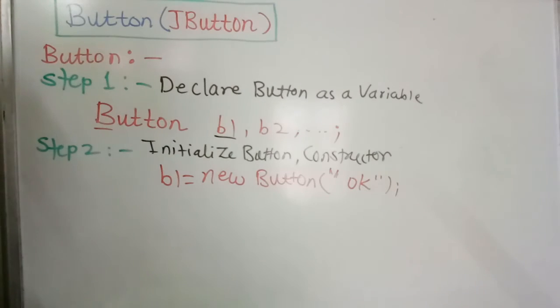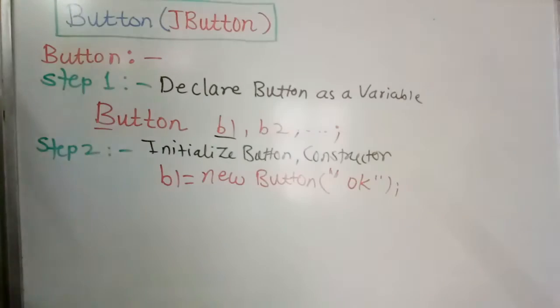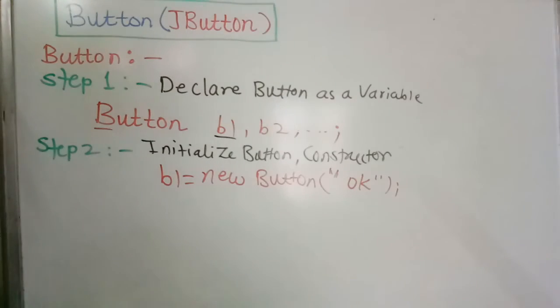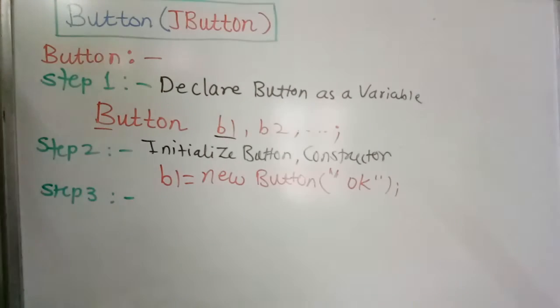Then we will go to the next step. As we had created the class and object, or the variable of that button, and we had initialized the button through creating the constructor, now the next step comes: we have to add this button in our actual frame by the mechanism of add.